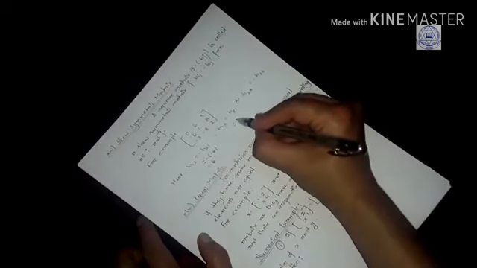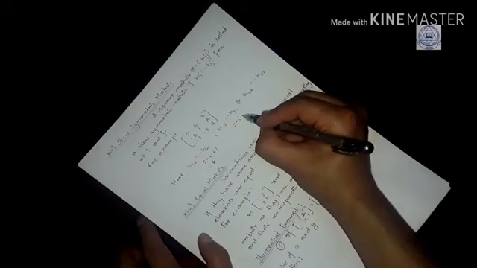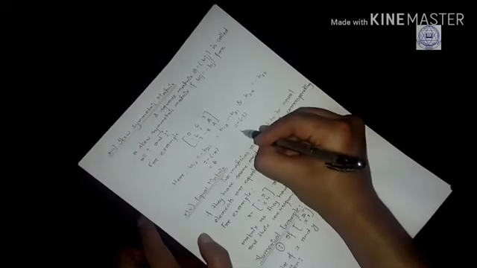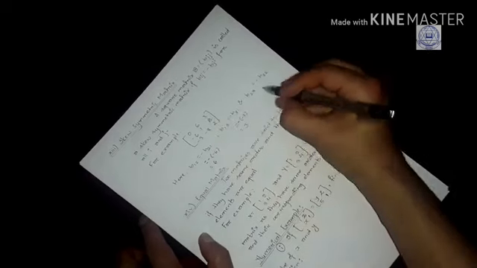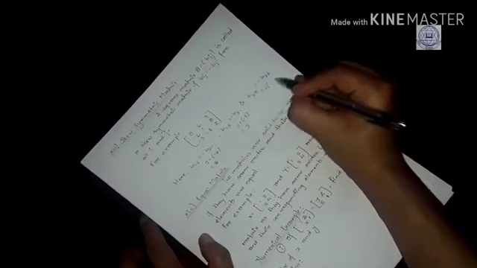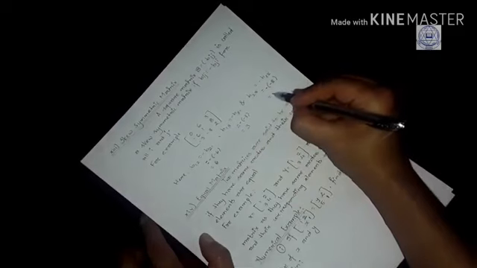And b31 is minus 3, so b13 is 3, isn't it? And the third one here, b23 is 8. So the condition here in a skew symmetric matrix is just the negative of that of a symmetric matrix.